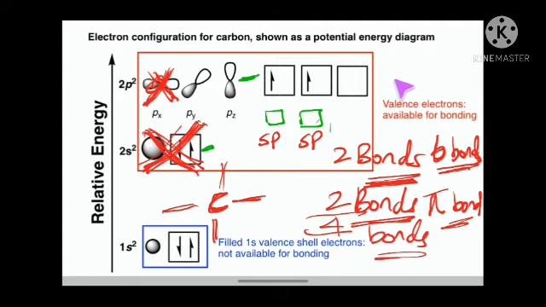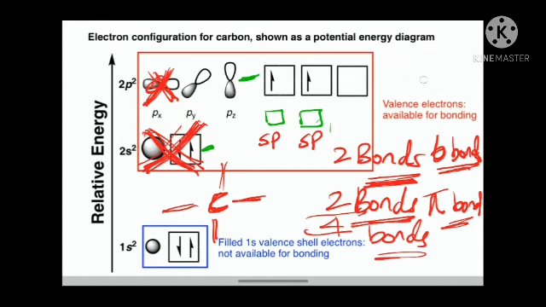Only sigma bonds can make a single bond. No other bonds can make a single bond. Pi bonds can make only the double and the triple bonds. So when you see a single bond, there is always a sigma bond. When you see a double bond, one of the bonds in that double bond is a sigma bond and the other is a pi bond.